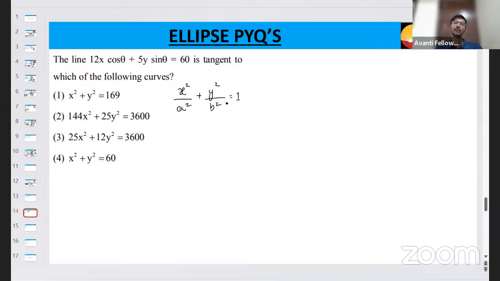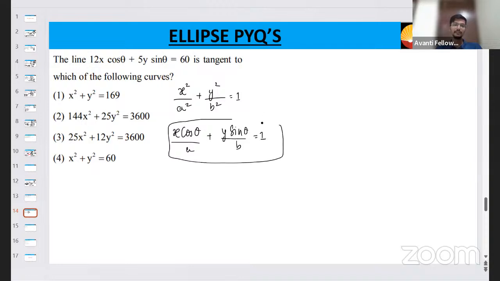Now, if we write the equation of the ellipse in parametric form, the equation of tangent looks like x cos theta upon a plus y sine theta upon b is equal to 1. So let us convert the given equation into this form.